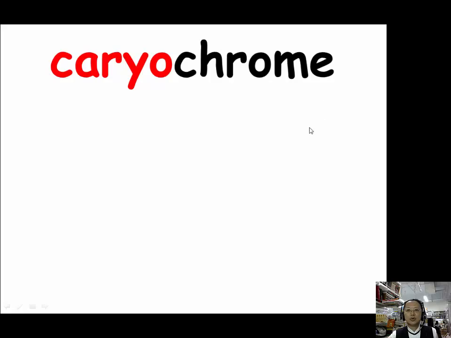The suffix chrome, we've already learned. We know it is referring to color. Karyochrome means a nerve cell whose nucleus is deeply stainable, while its body, the cytoplasm, is not. This kind of cell is called karyochrome.